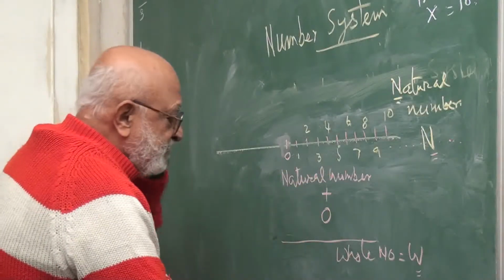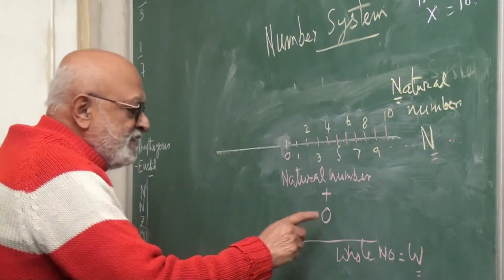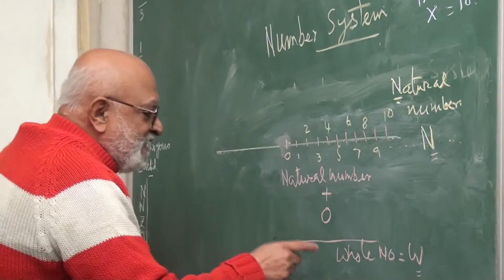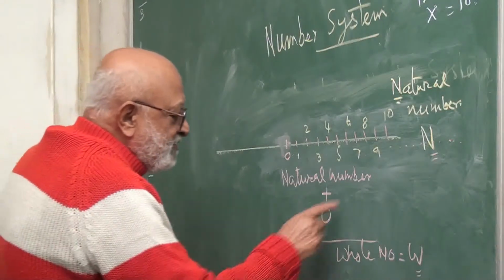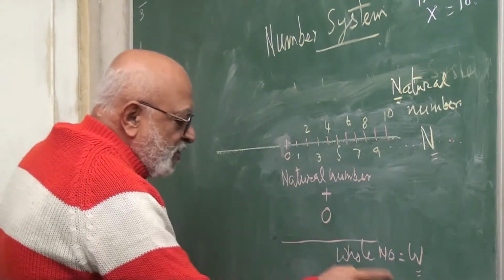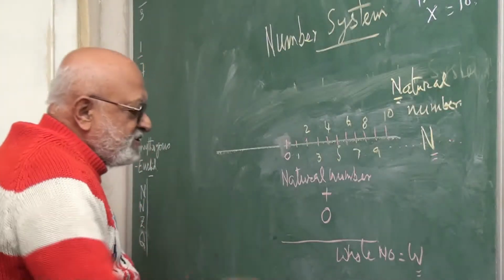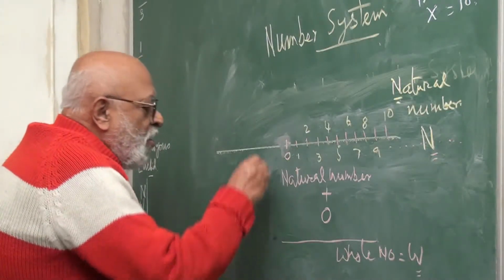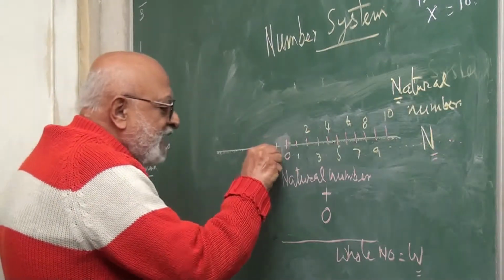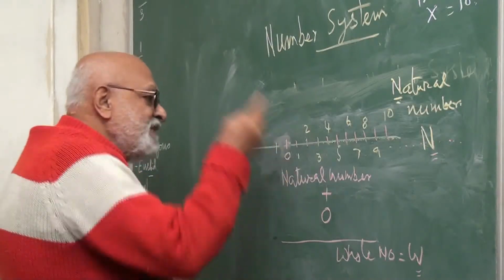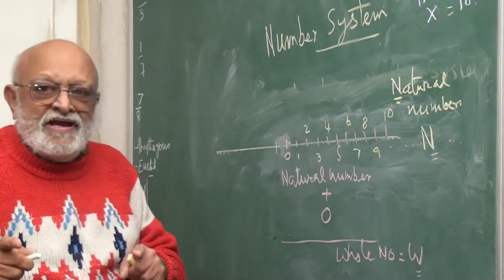Don't get confused here, okay? That you have to see, if somebody says 0 is a natural number, no, 0 belongs to whole number. On this side, now since I have a 0, then the concept of negative came up.